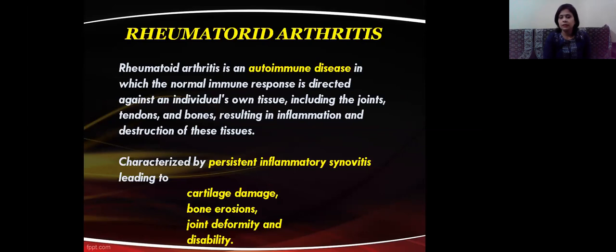So, in rheumatoid arthritis, our immune response is directed against joints, tendons, and bones, which will result in inflammation and destruction of these tissues. So, this disease is characterized by persistent inflammatory synovitis, which will lead to cartilage damage, bone erosions, joint deformity, and disability.